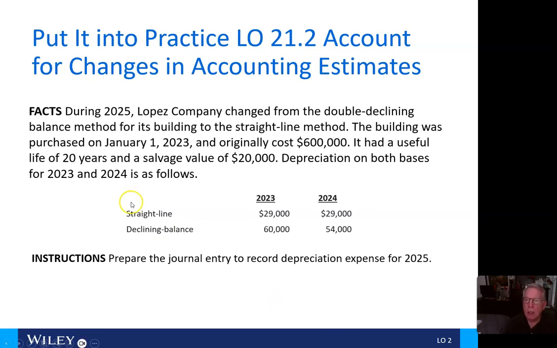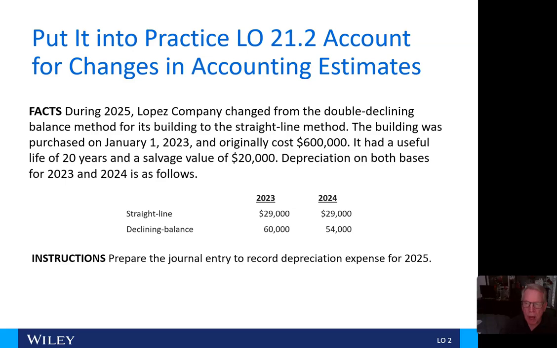And here, let's put this into practice a little bit with the change in estimates. Here, during 2025, Lopez Company changed from the double declining balance method for its building to the straight line method. The building was purchased on January 1, 2023, and originally cost $600,000.